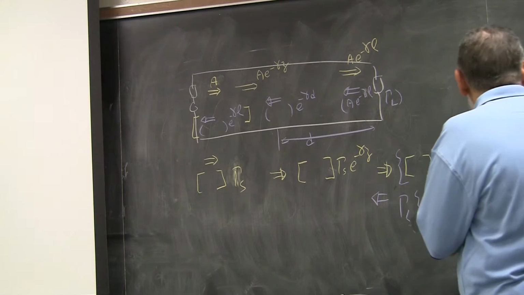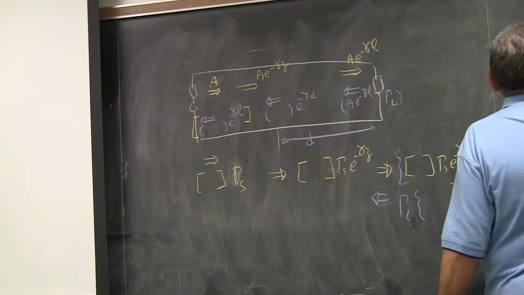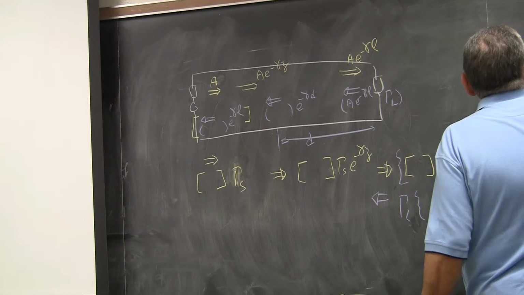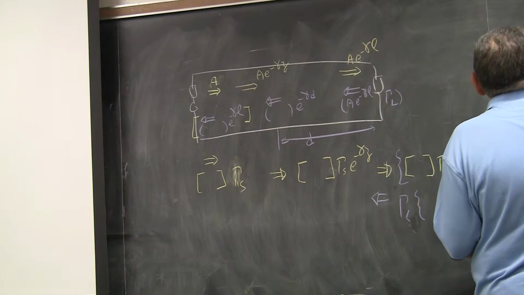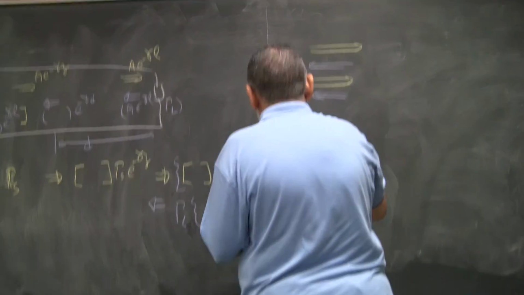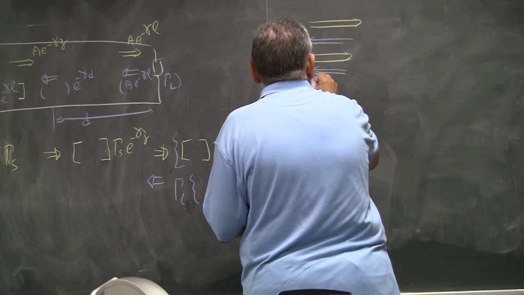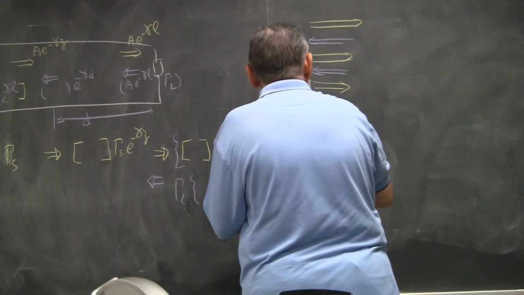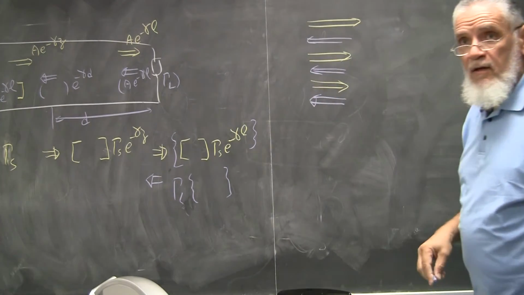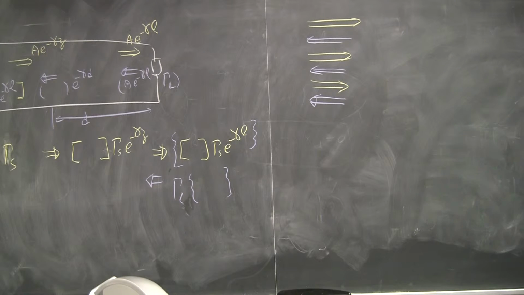So basically, I can represent it by a bunch of waves going back and forth, and I can write those expressions. It's an infinite series, right? It's a steady state, so this is going on indefinitely.